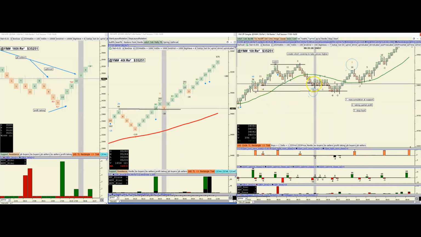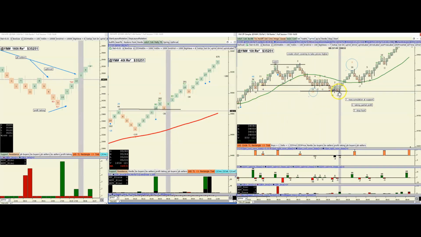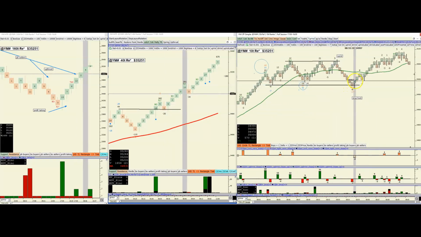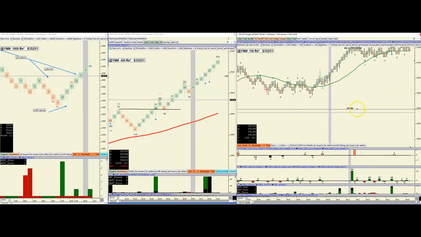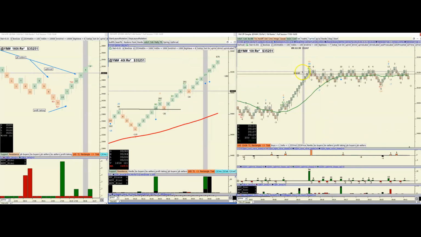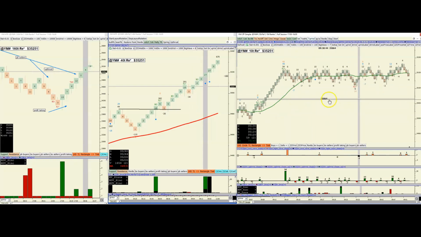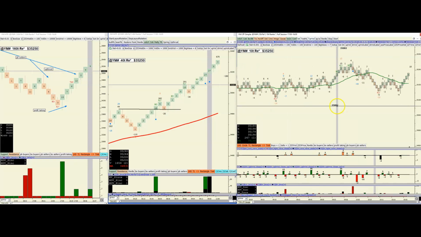Down under this low, finds orders. Then goes a little bit lower, finds more orders right here. Increasing volume, stop hunt, successful stop hunt. Here, it looks climactic, and I don't know how to trade this because it's too big. This is just weird, so forget that.